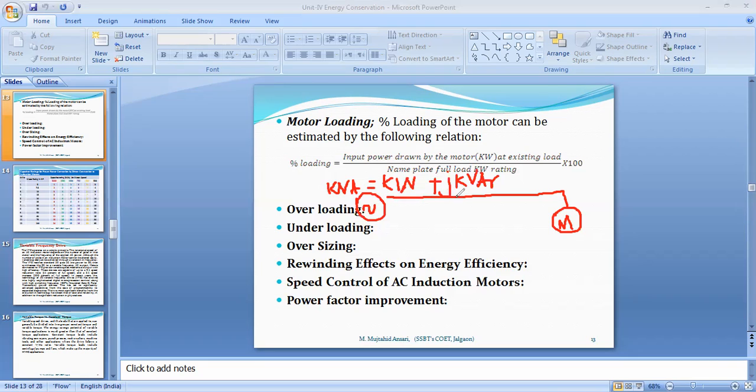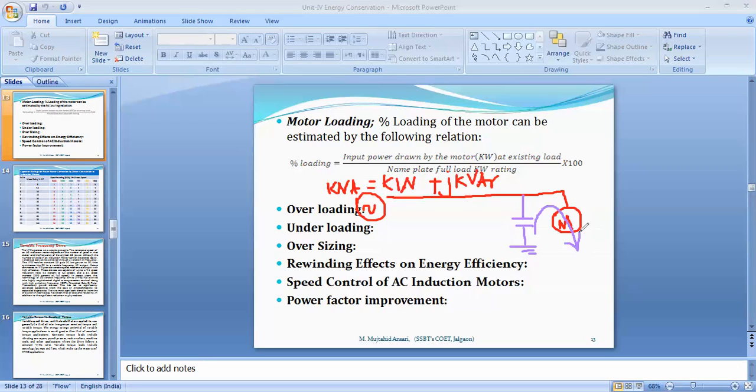So the total current in the distribution line, whether it is a cable or overhead conductors, becomes overloaded, or the current will be high. Now, if we use one capacitor near the terminal of a three phase induction motor, whatever lagging kVAR is needed by the motor is going to be supplied by the capacitor.